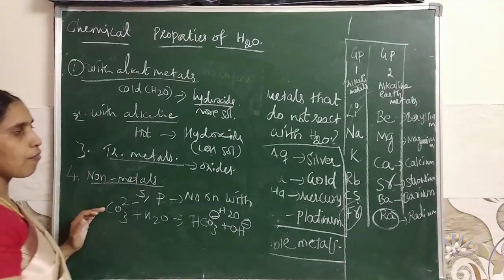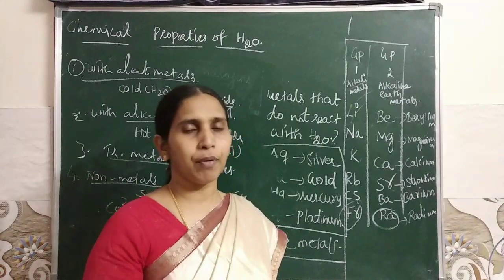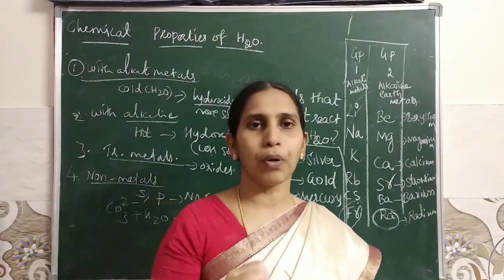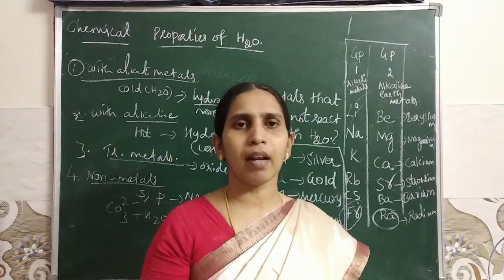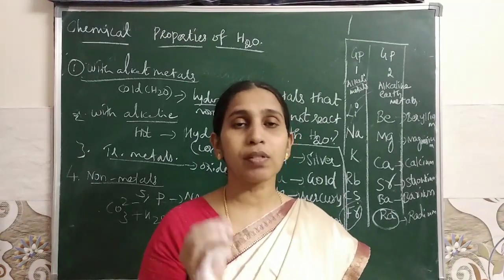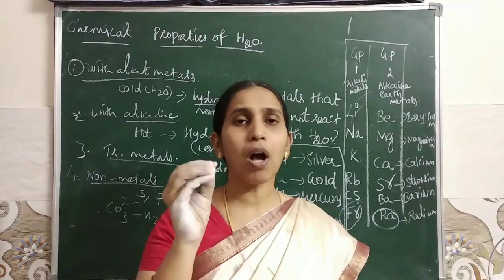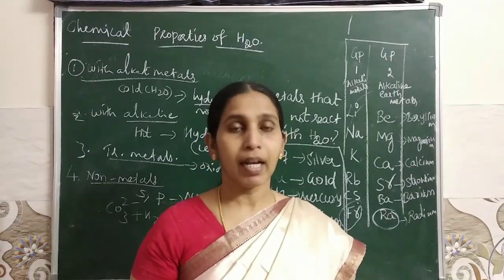Next, reaction of water with halogens. Two halogen reactions are given in your book. First one, with chlorine. Two types of acid are obtained: HCl and HOCl. What is the name of HOCl? Yes, hypochlorous acid.